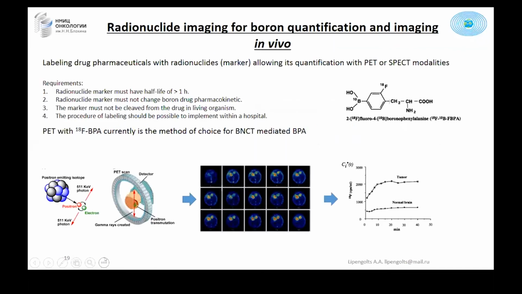The second, not the second, it's already the third method. It's radionuclide labeling. It's currently the method of choice for BNCT, and it's based on labeling boron pharmaceuticals, like here you can see the example, again, boron phenylalanine, labeled with fluorine, but with the 18 isotope, which is a positron emitter.